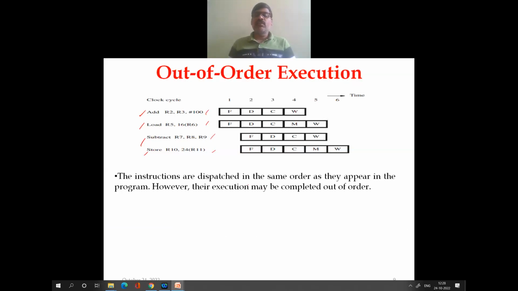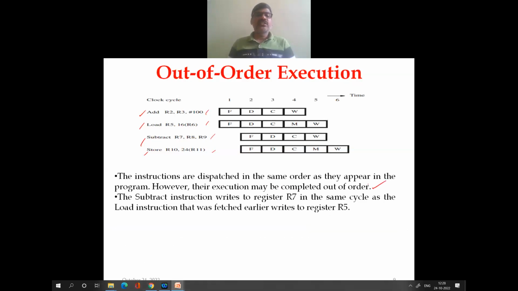The instructions are dispatched in the same order as they appear in the program. However, their execution may be completed out of order. The subtract instruction writes to register R7 in the same cycle as the load instruction that was fetched earlier writes to R5.